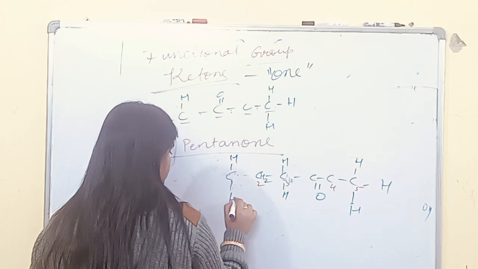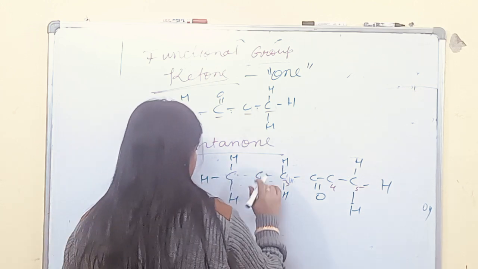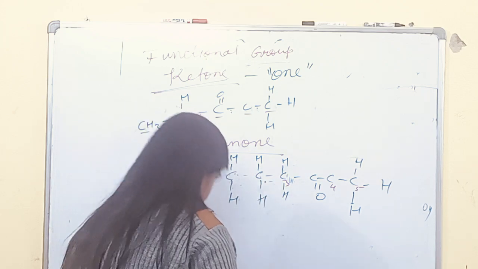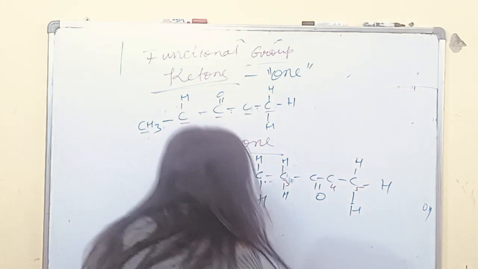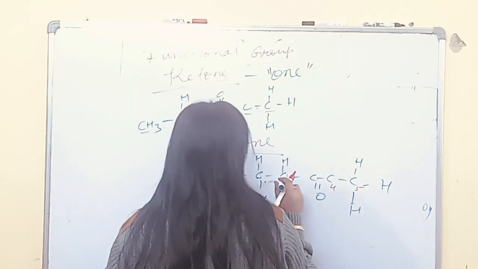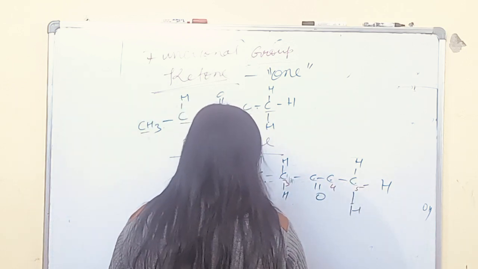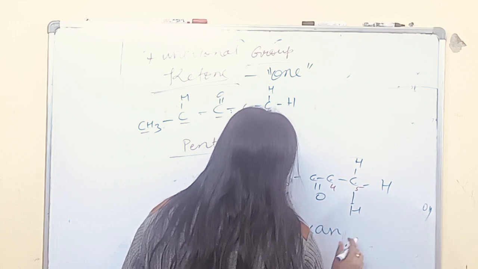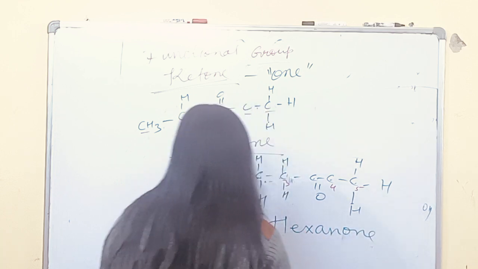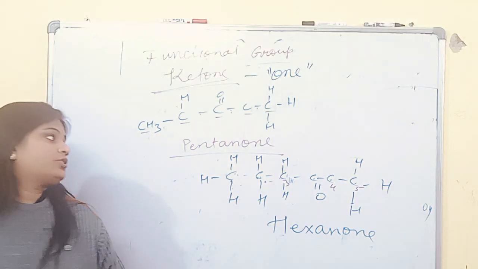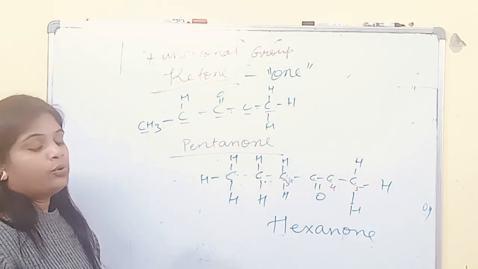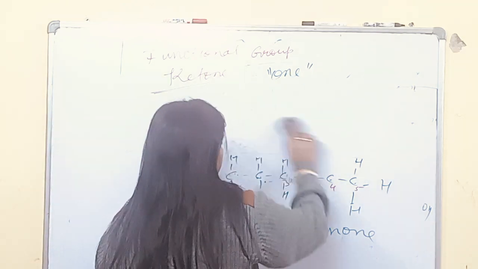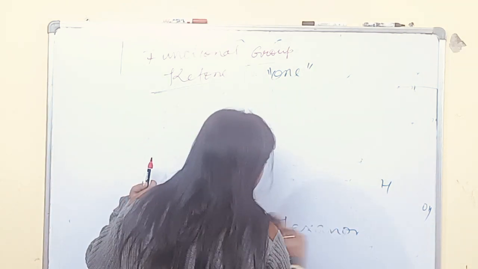Otherwise you will be confused. So how many carbons are there? 1, 2, 3, 4, 5, 6. So 6, hex, hexane. Removing E, hexanone. So this is the nomenclature for the ketone group. What do we use for ketone? One as a suffix.